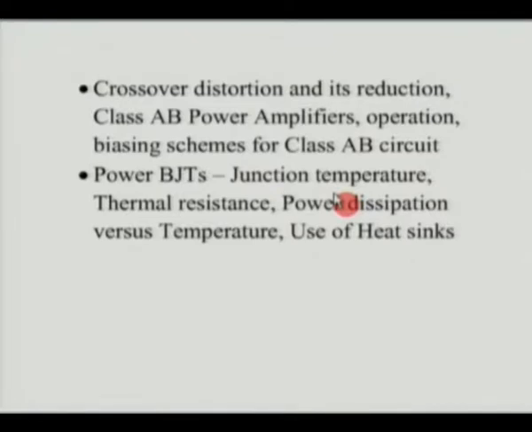Therefore we have this intermediary between class A and class B called the class AB power amplifier. We will see how it operates, and talk about a simple biasing scheme for a class AB circuit, and finally we will quickly talk about power BJTs and some of their basic characteristics.